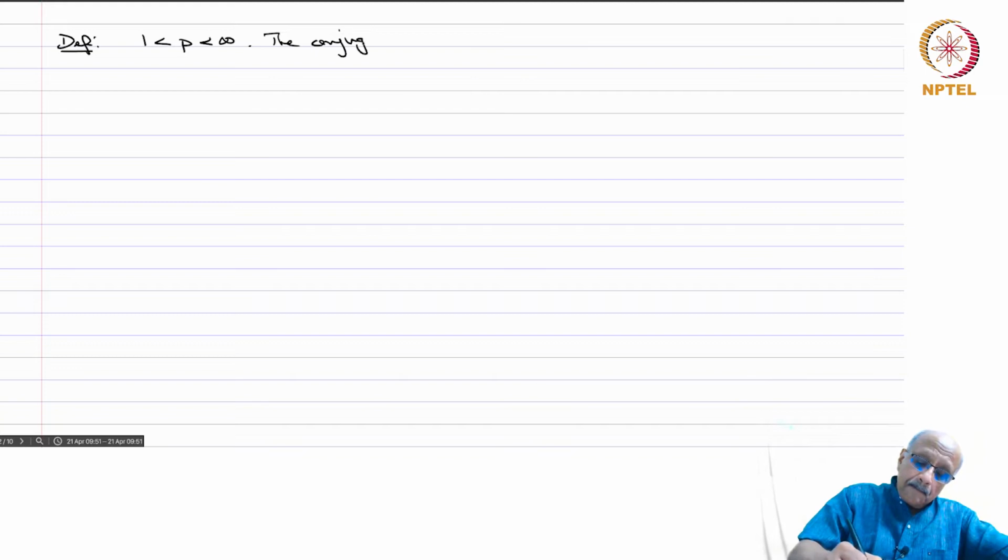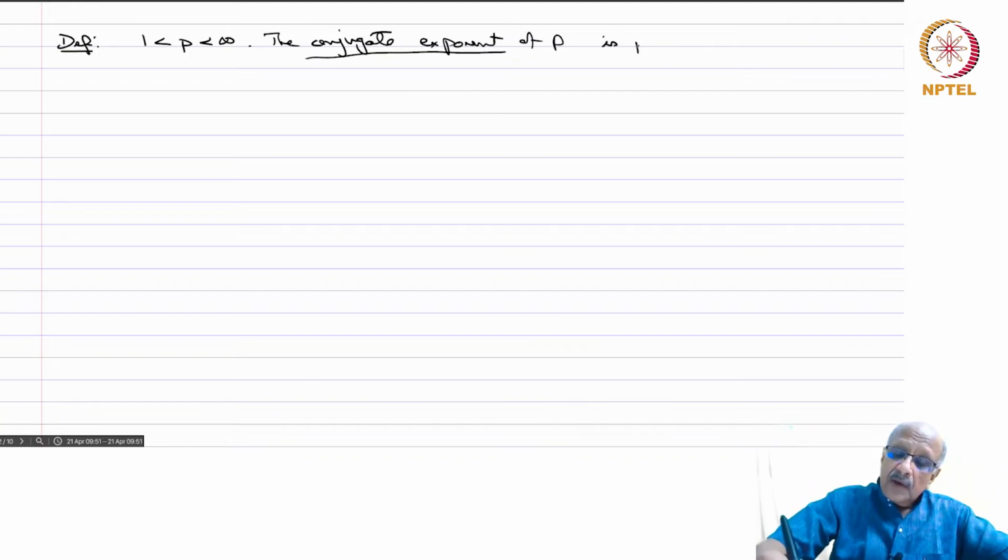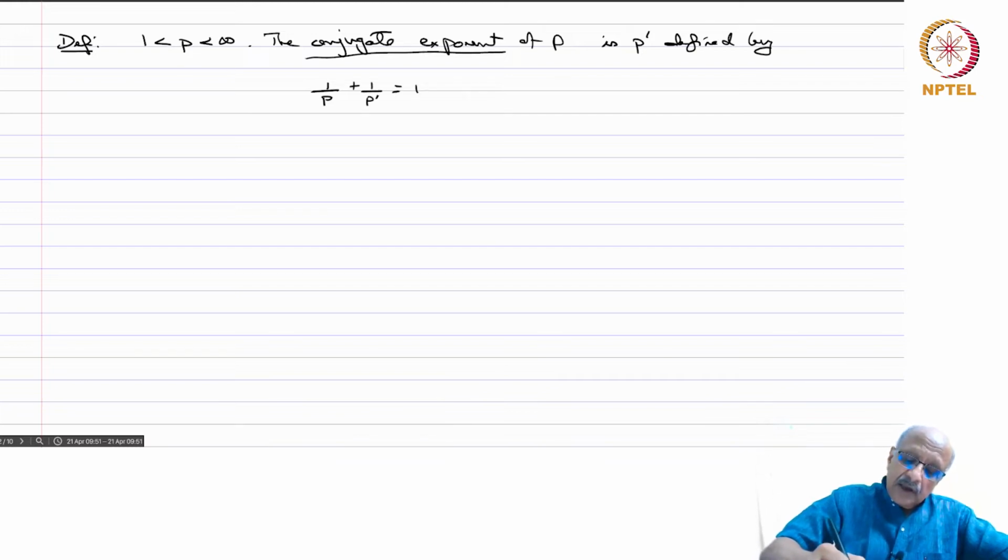Okay, so then definition: for 1 less than p less than infinity, the conjugate exponent of p is p dash defined by 1 by p plus 1 by p dash equal to 1.